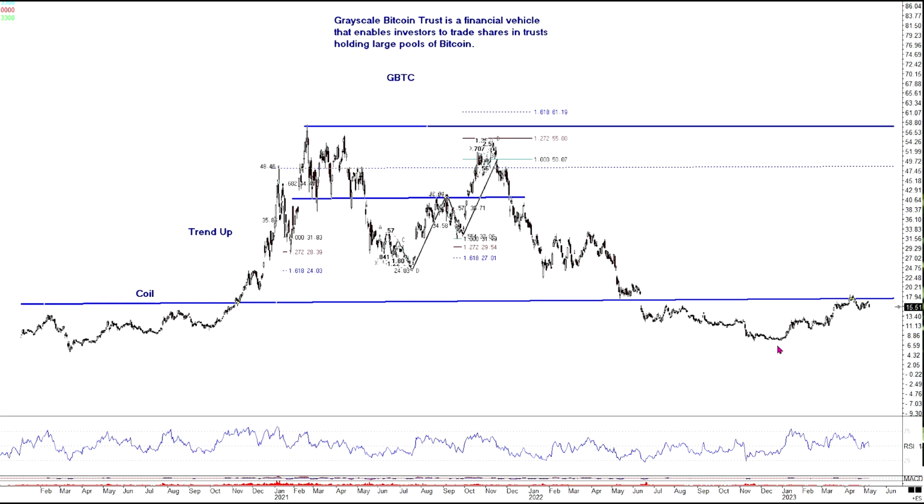This was an IPO back in 2016, so there's not a huge amount of history with this symbol yet, but if you look here where this resistance is, this is the point where GBTC needs to get above in order to even get a retracement that is really measurable in a sense.